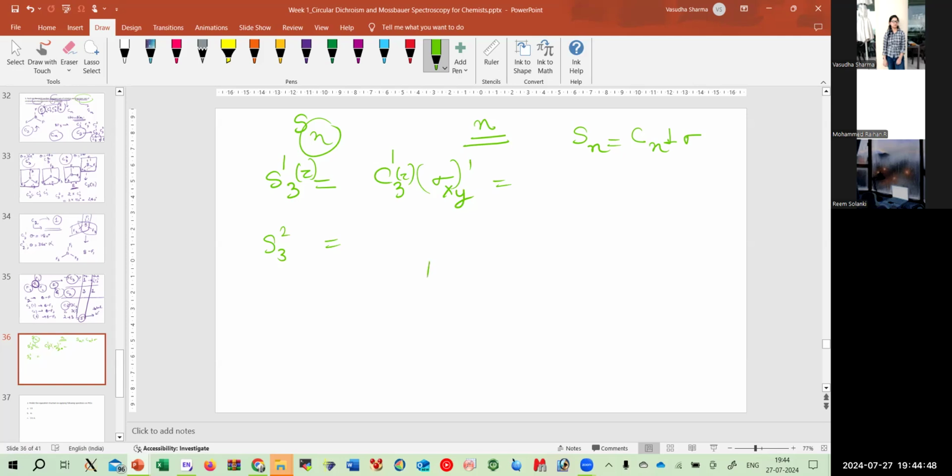I'll just show over here. If I have a BF3 molecule like this, and this is my x-axis and this is my z-axis, and I have considered them onto the plane, so they are in the plane of xy, right? Firstly, I apply the right-hand side operation, which is sigma xy. What do you think would be the configuration now?